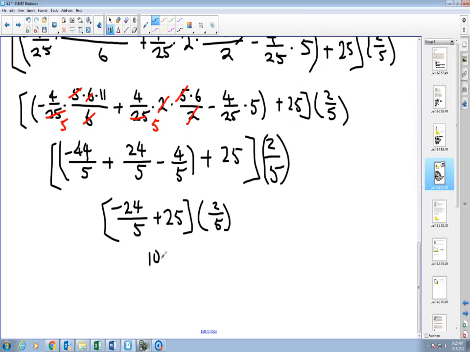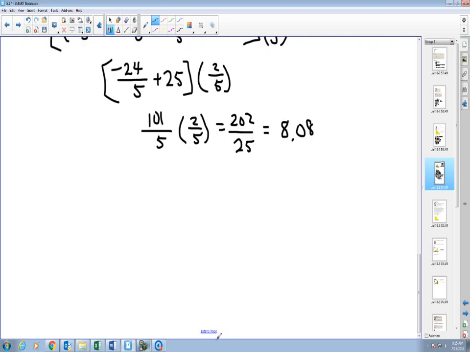So 101 over 5 times 2/5 gives me 202 over 25. And if I put this in the calculator, that gives me exactly 8.08.